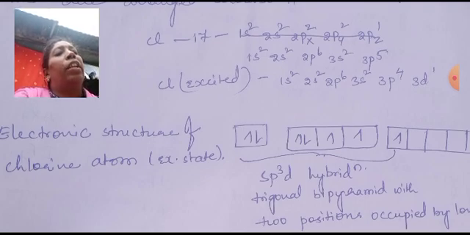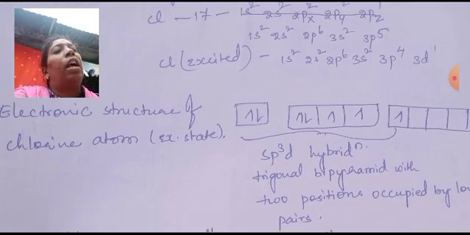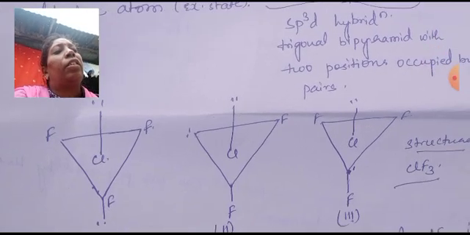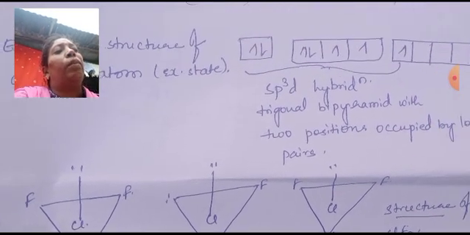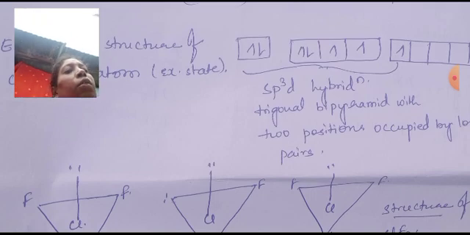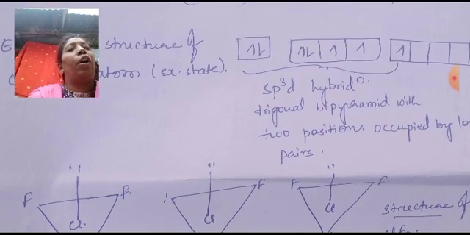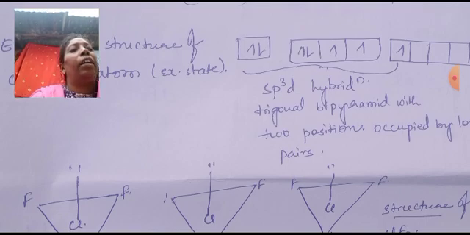So how many bondings are involved? sp3d. So sp3d hybridization, and the shape is trigonal bipyramidal structure. I will explain how the bonding is formed.